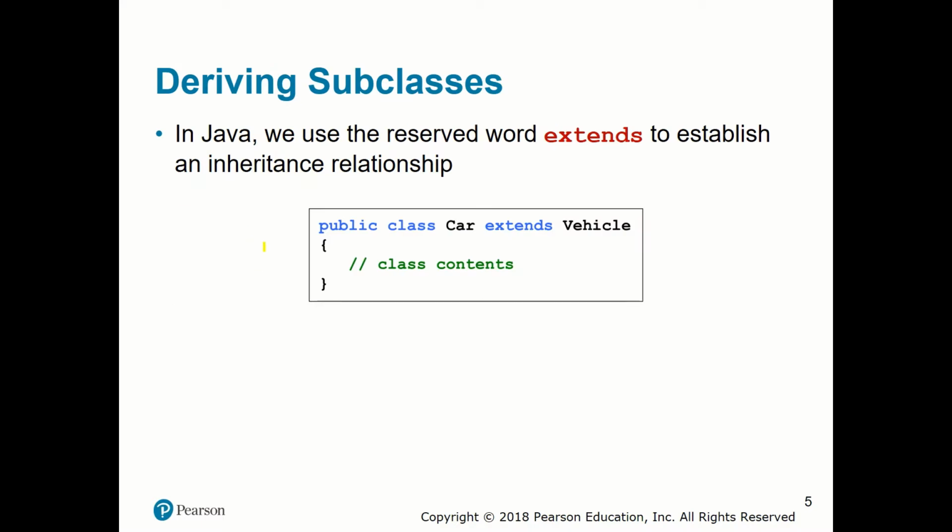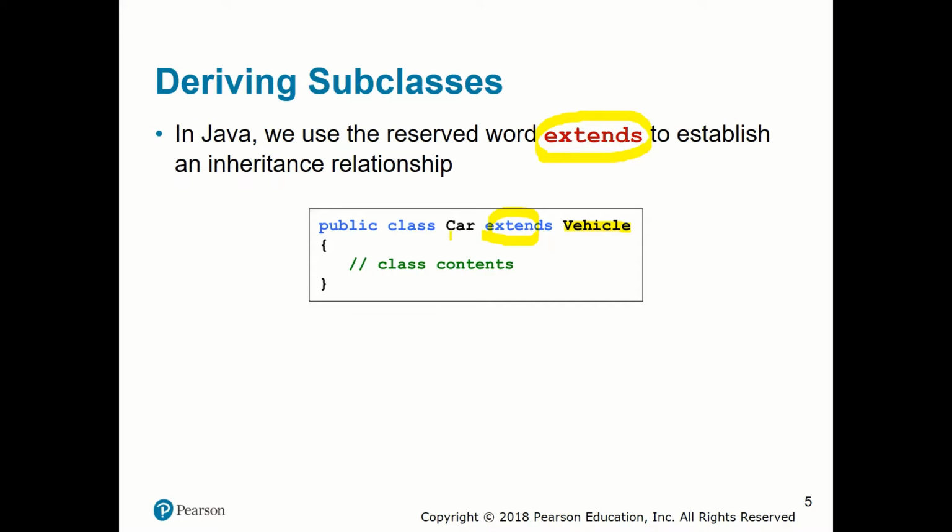In Java, we use the reserved word extends to establish an inheritance relationship. So if you write like this, public class Car extends Vehicle, then this means that Vehicle is the parent class of Car.